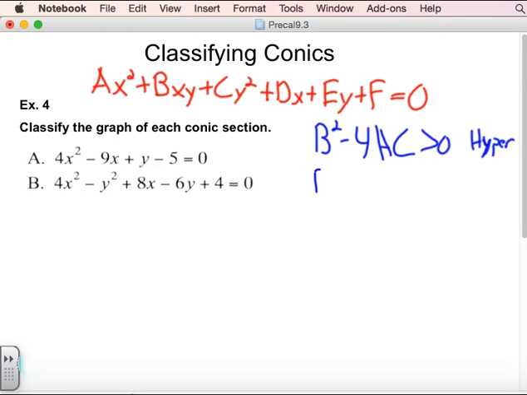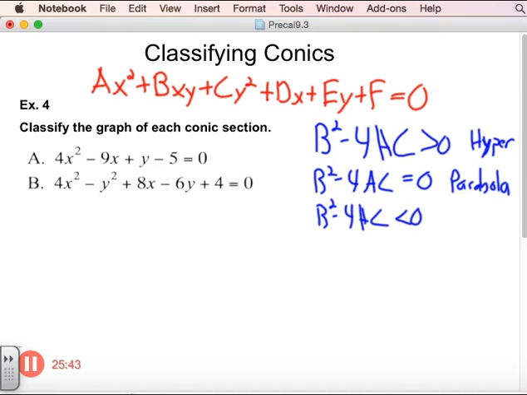Okay, if b squared minus 4ac equals 0, then you have a parabola. And if b squared minus 4ac is less than 0, then it's either a circle or ellipse. Okay, and it depends on whether a and c are the same or not.